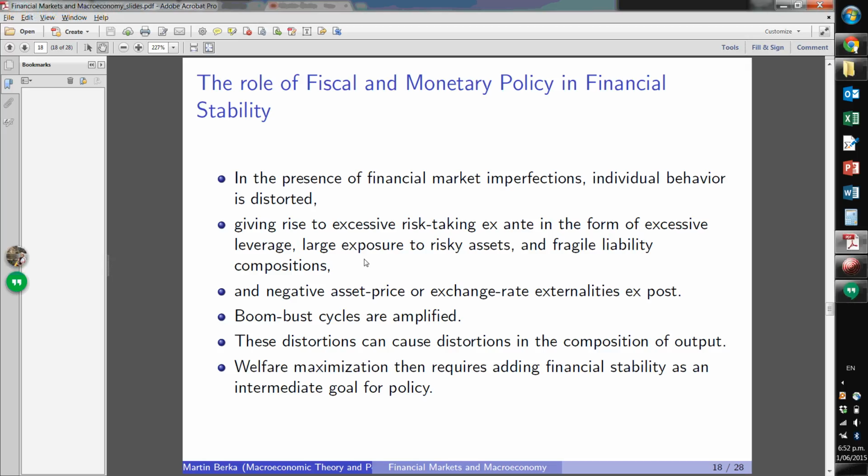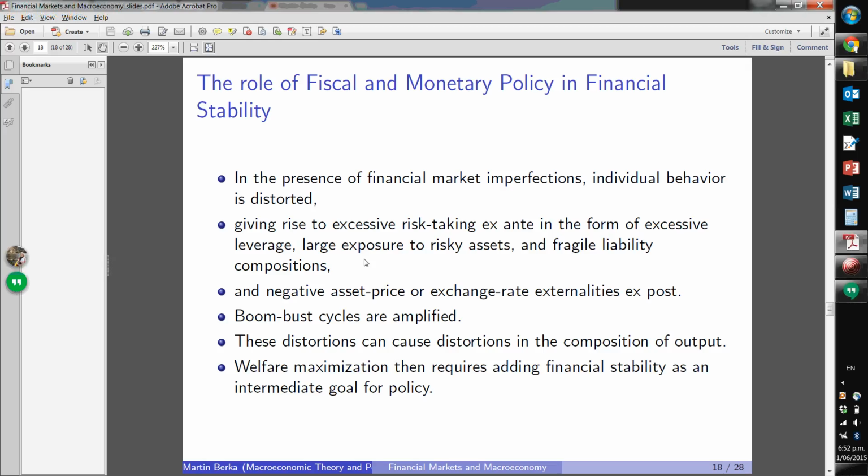There could be lots of negative asset price externalities, and this is something which we see. It's an externality in the sense that this excessive borrowing, due to the financial development, has resulted in investment in risky projects such as houses, or a house price bubble. And if it's a bubble indeed, these increases in asset prices can be quickly reversed.